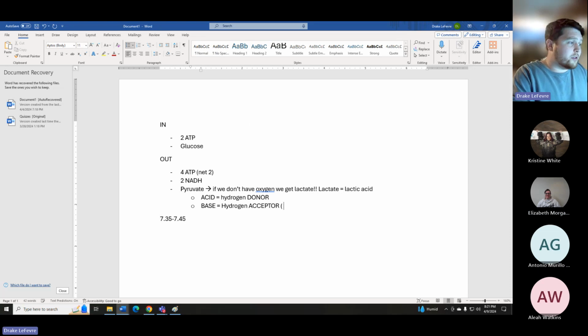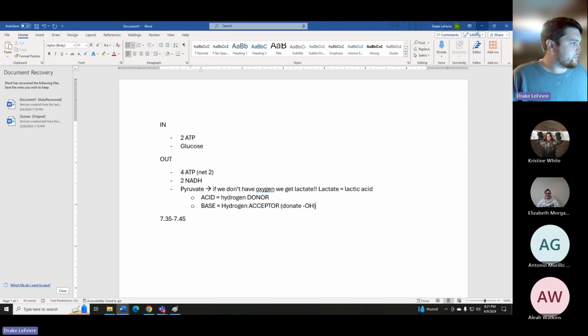It can also donate hydroxyl OH groups, because if it donates an OH group and an OH combines with an H, we get H2O. We get water, so it neutralizes it, and that helps maintain our pH balance.